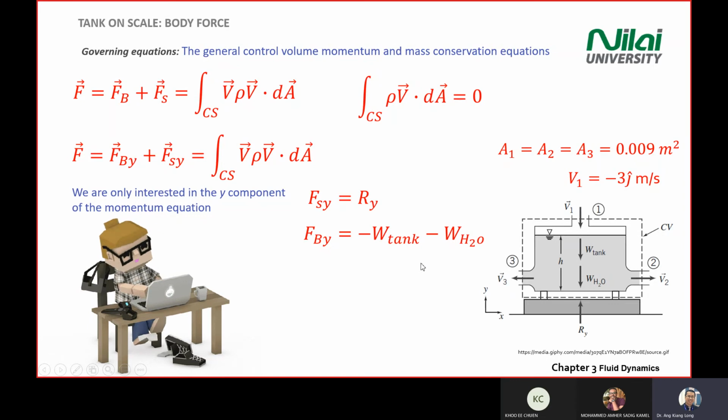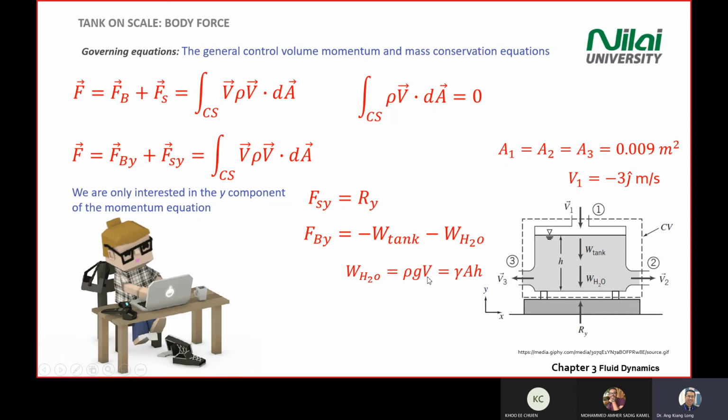Then after that, you compose everything inside the momentum equation over here. Now for convenience, just a recall of how you find the weight of the water. You use mg, and to calculate the mass of the water, you take rho times the volume, then you times g, so you get the weight of the water.